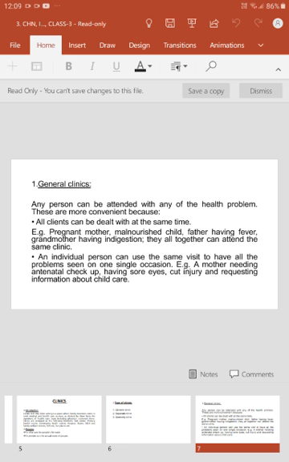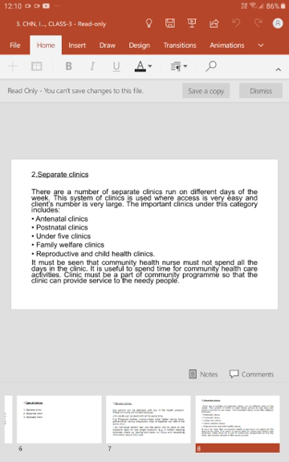In a separate clinic we can manage the people, because if they come with a particular problem, we can see only that particular problem. So it is very easy even when the number of clients increases, as we are giving specialized or separate care.